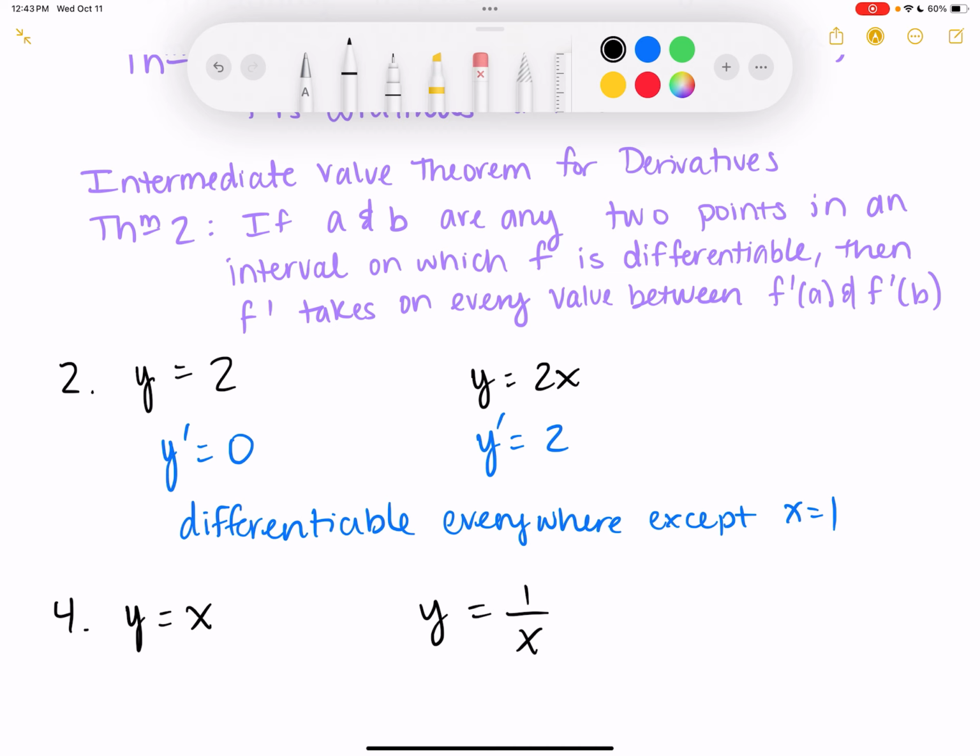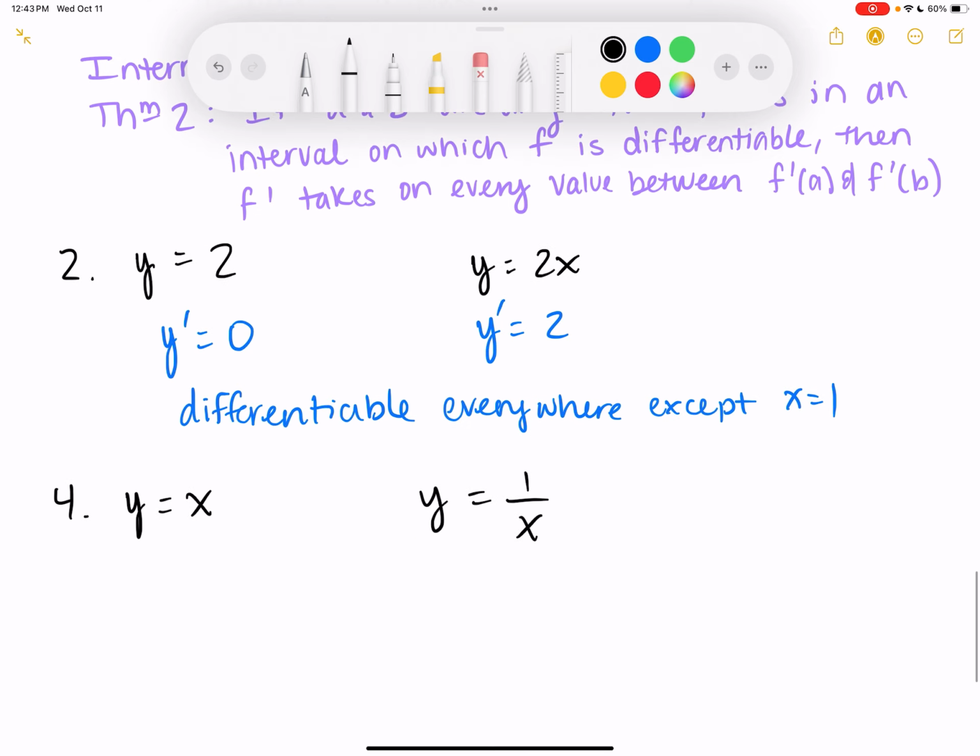So y equals x, that one should be pretty easy for us to take the derivative of. We know what that is. Derivative of x is 1. Now this one, this is where you don't know what to do yet, huh? Do you use like a quotient rule or something? So, sort of. If there was stuff on top and bottom, we would.